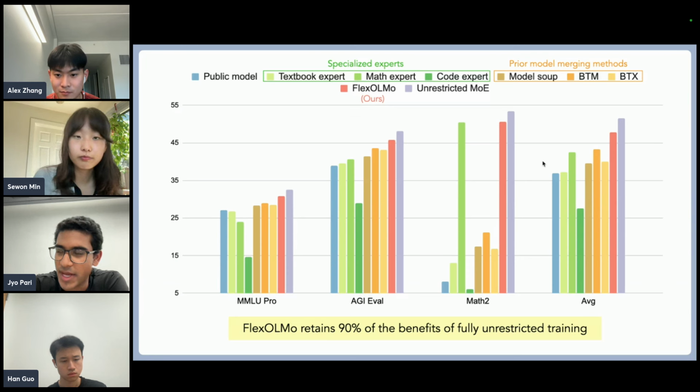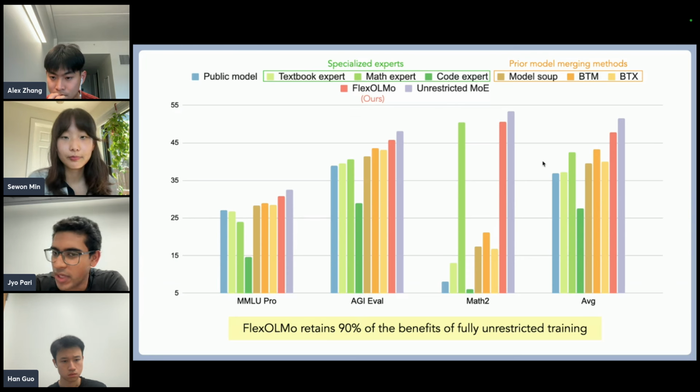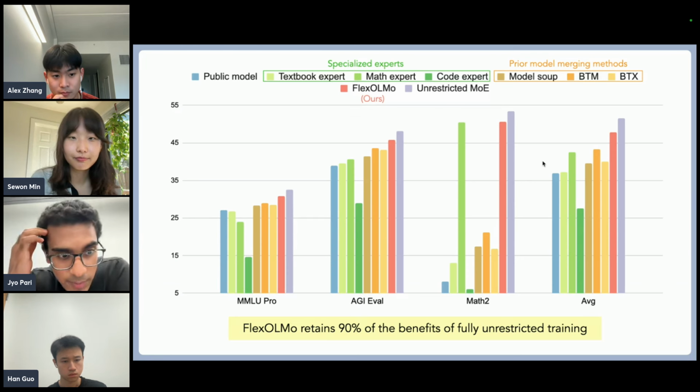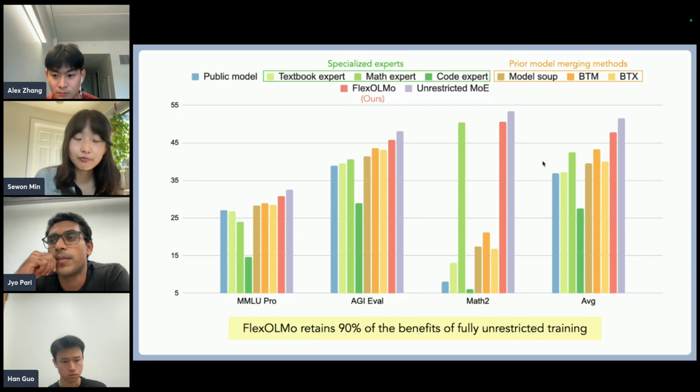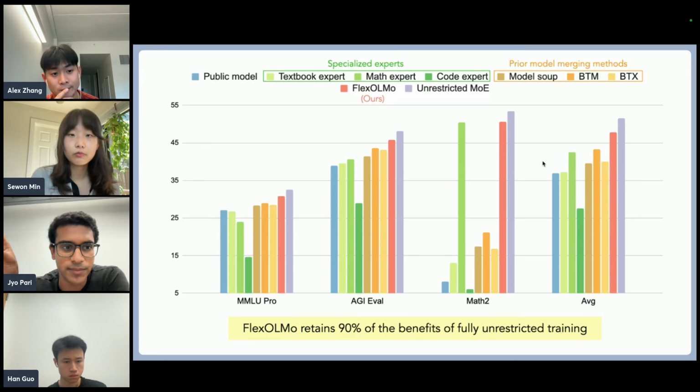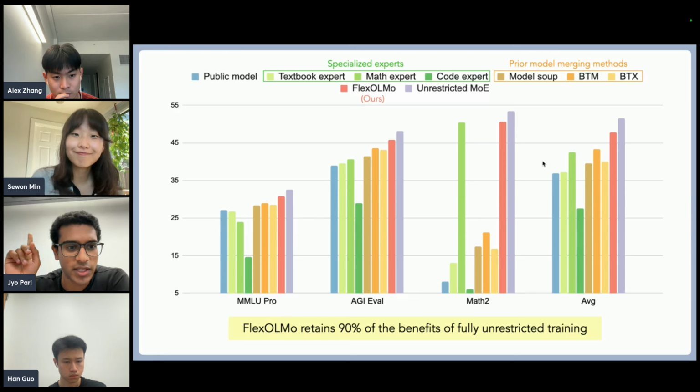The last question I was thinking about is when you talked about the unrestricted MoE. Have you noticed evaluations that are utilizing multiple different experts? Actually, stepping back, what is the top K value for FlexOlmo?